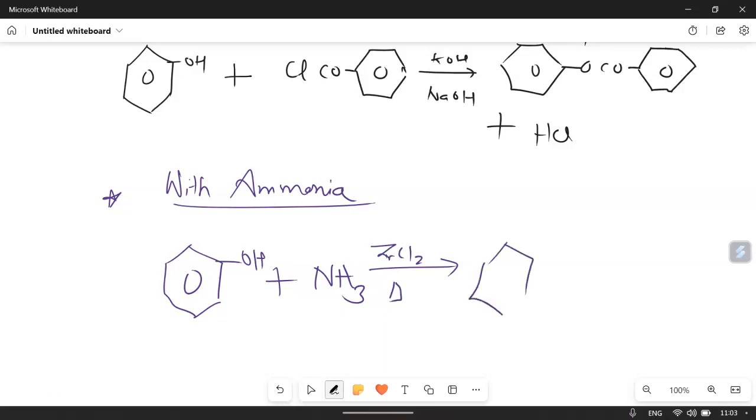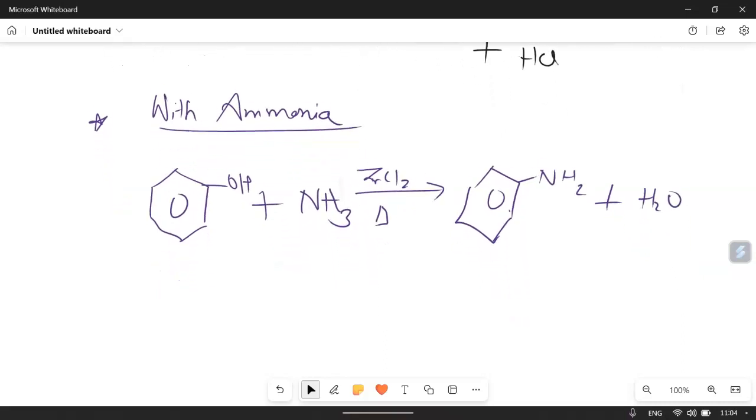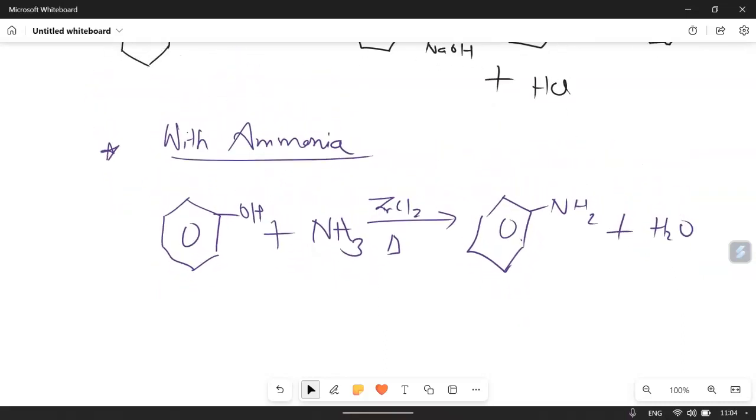It will give aniline plus water molecule. And this reaction is also known as, you can write down, Bucherer reaction.